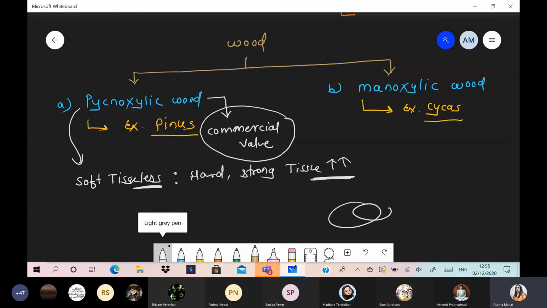Okay. Now write down under manocyclic wood, which is the example of cycas. Exactly reverse होगा. Manocyclic wood, simple meaning होगा. What is the meaning of that? Manocyclic is nothing but soft tissue more, and hard and strong tissue less.